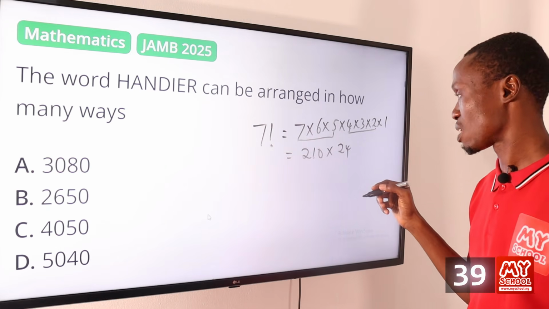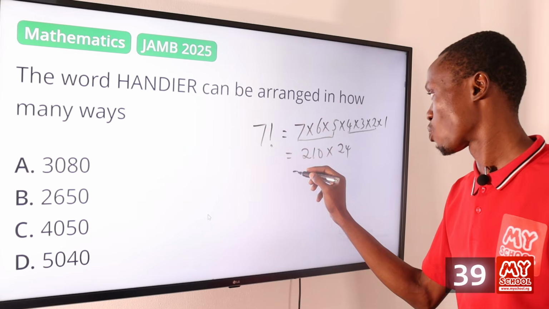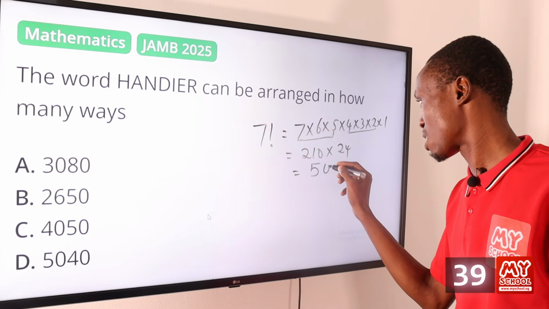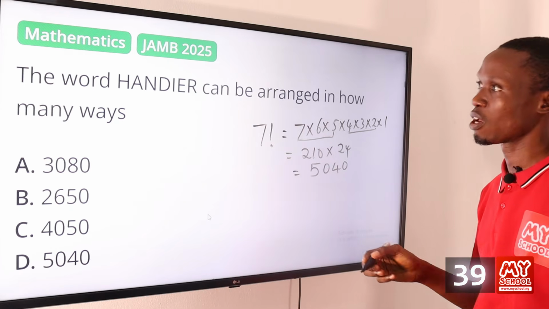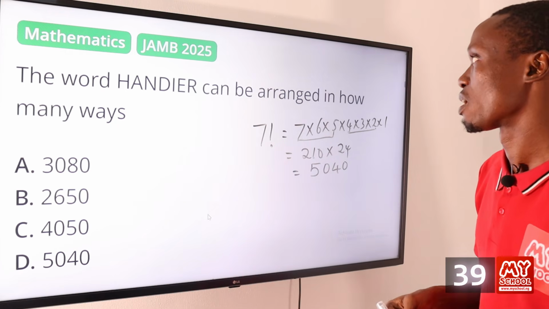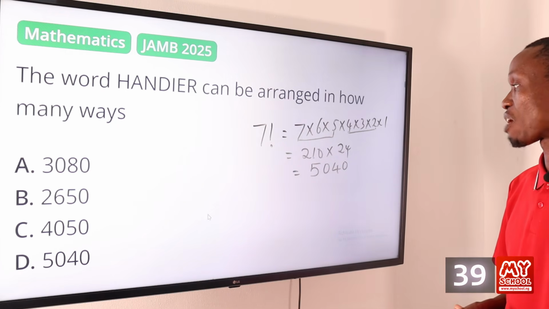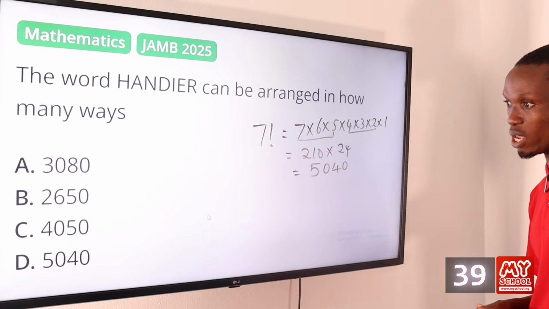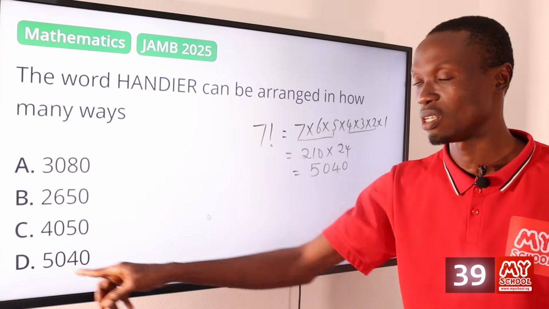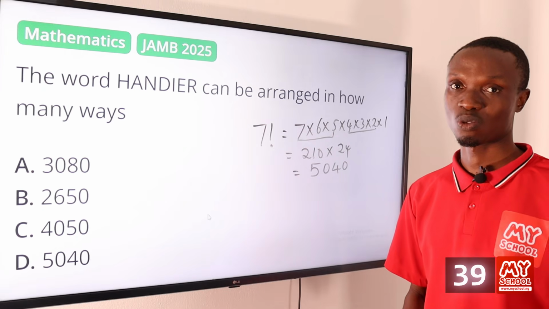So 210 times 24 will be equal to 5,040, okay? So that means the word handier can be arranged in 5,040 ways. So that makes option D the correct answer for this question.